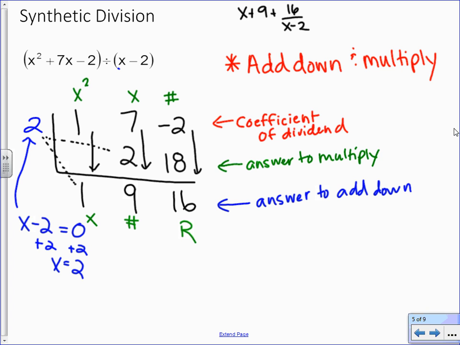We had taken all the x's out of the problem, so now we put the x's back into the problem. Those will just be the coefficients to the terms. So when I write my answer, it's 1x plus 9 plus 16 all over x minus 2. Did we get the same answer? Yeah.